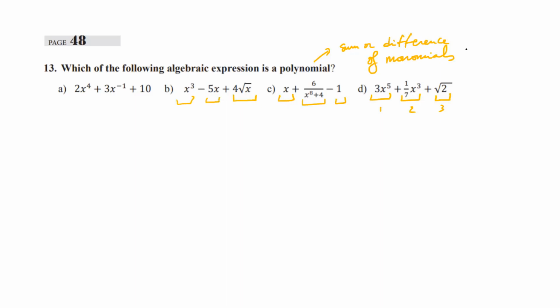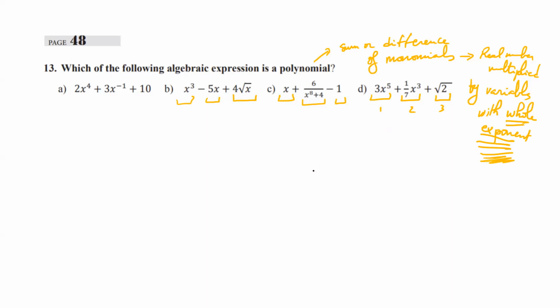And what do we call a monomial? A monomial is the product of a real number multiplied by variables with whole exponents. Whole exponents.